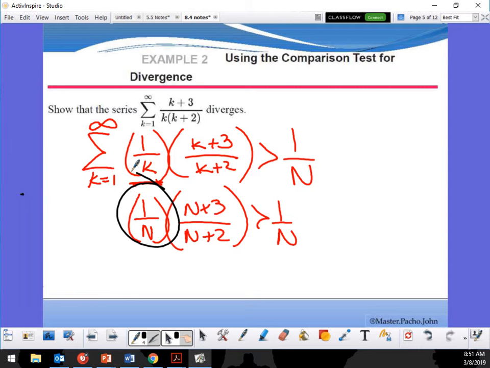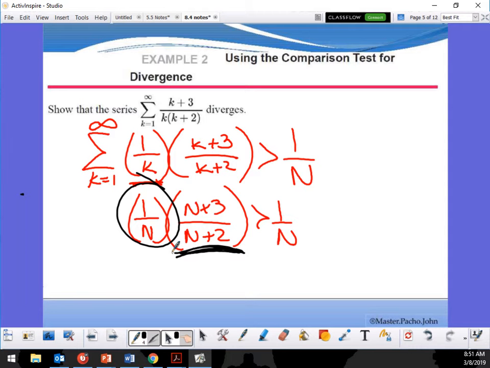Since it is going to be harmonic times whatever this is, that's going to be more than, what am I going to have here? Because these values over here are going to end up becoming just whatever times a harmonic series. So therefore, this one's just going to be even more, right? Even more divergent.